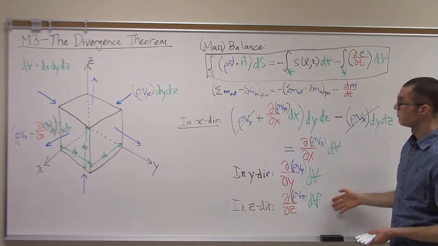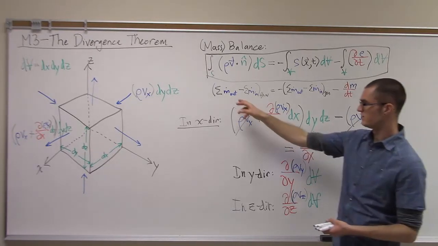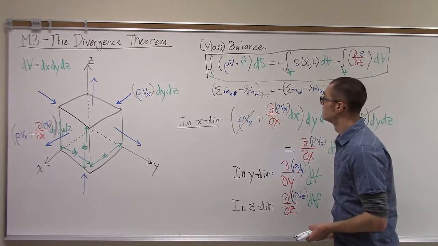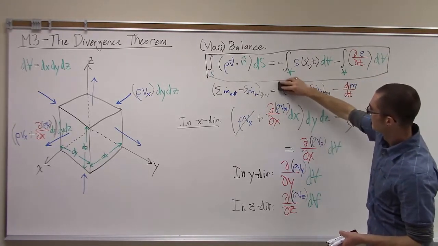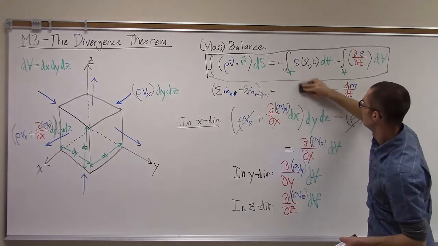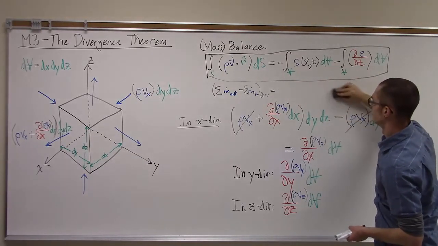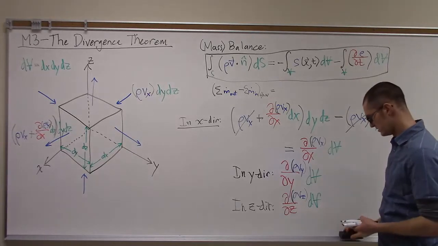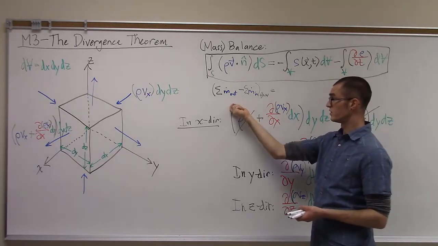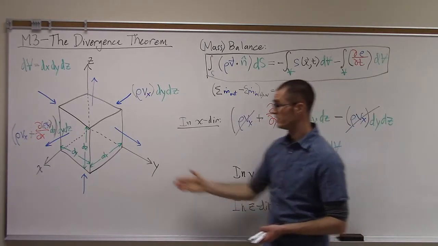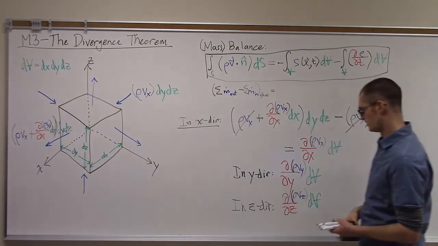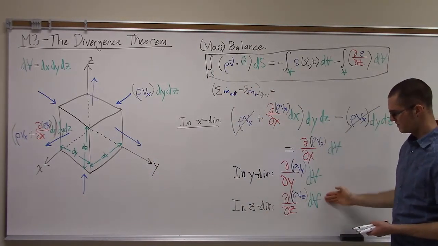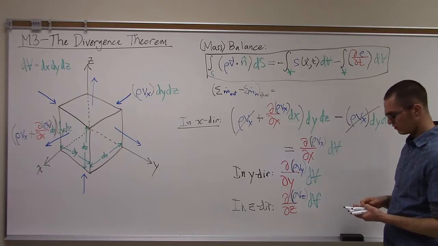So if we add all three of those up, we're going to erase this part here to write out the whole sum. So the sum of mass flow out minus sum of mass flow in for this volume is actually the sum of these three integrated over the whole volume.